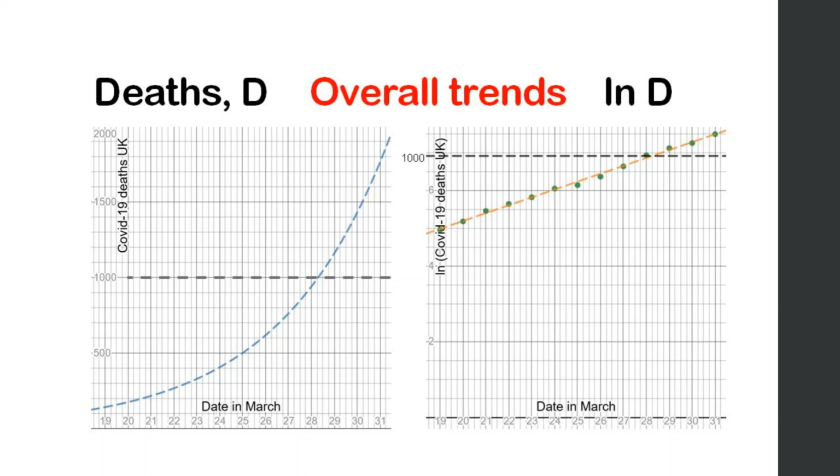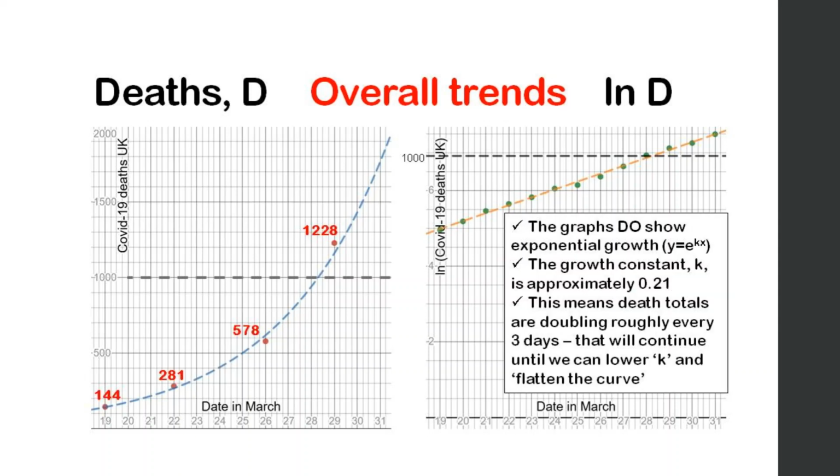Now, as I also explained in my other video, the importance of the natural log graph is that you can also work out something called the growth constant K by working out the gradient of that line. And in this case, I've calculated that the growth constant of the increase in death totals in the UK is approximately 0.21.